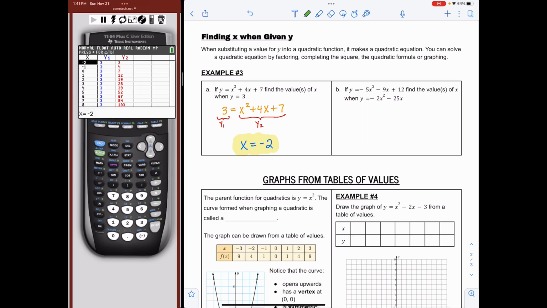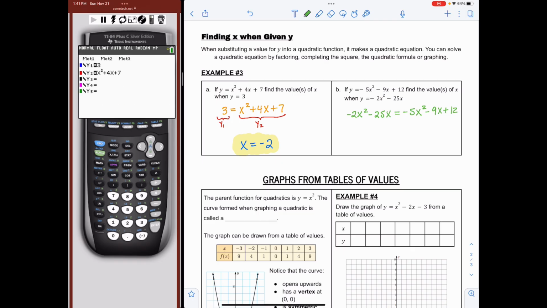So I'm going to substitute y in the first equation with negative 2x squared minus 25x. So I'm going to have it written down like this. So negative 2x squared minus 25x is equal to negative 5x squared minus 9x plus 12.